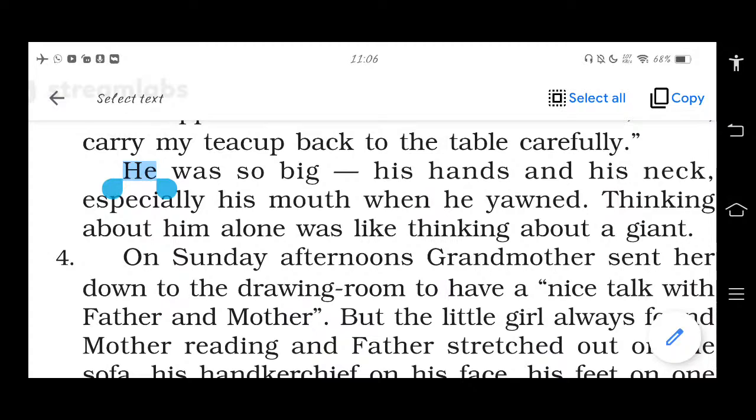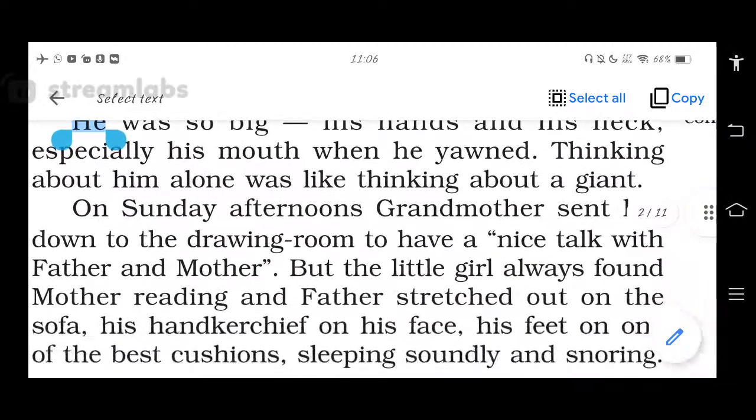A giant means nothing but a very huge personality. So by looking at her father, she thinks like that; she was thinking about a giant. Right, did you understand up to here?